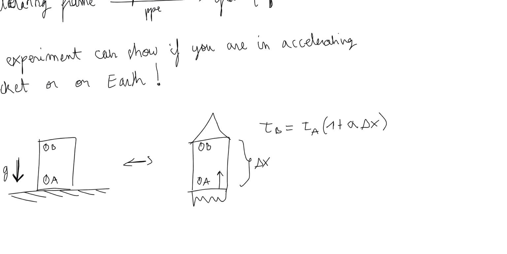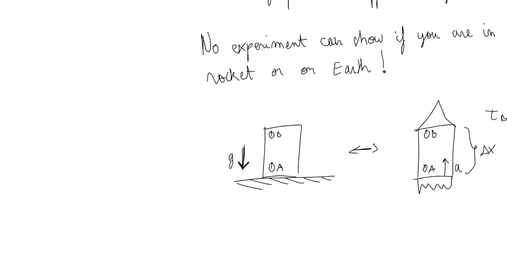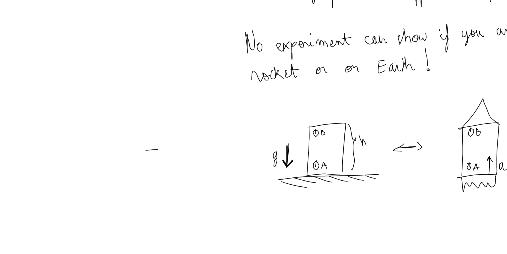Now on Earth, the acceleration is g, and the spatial difference is just a difference of height, h. And so I can say that tau B equals tau A times 1 plus g times h.